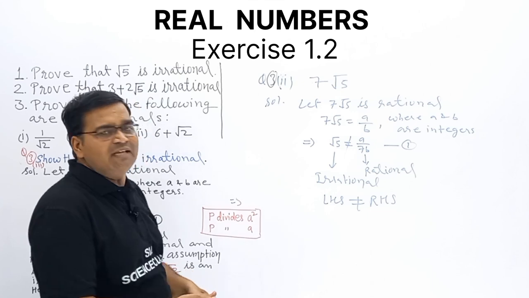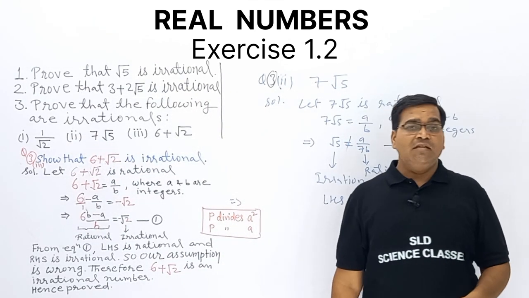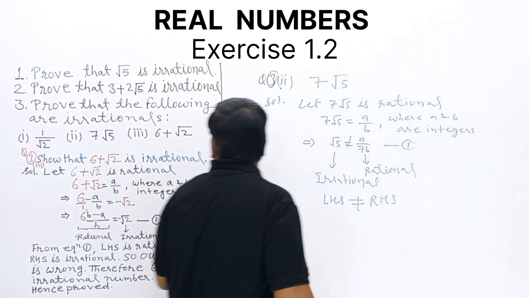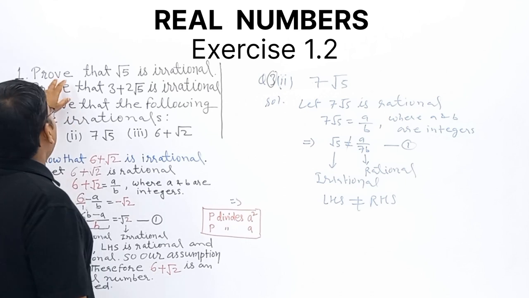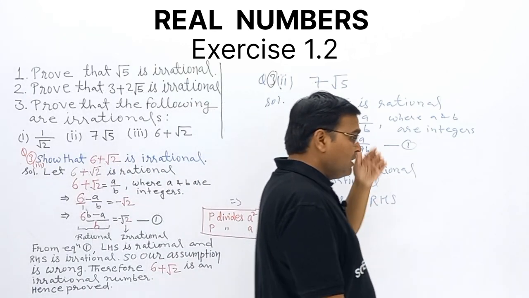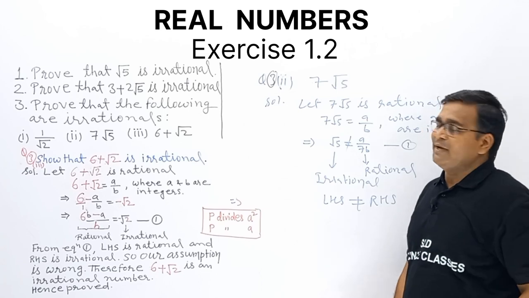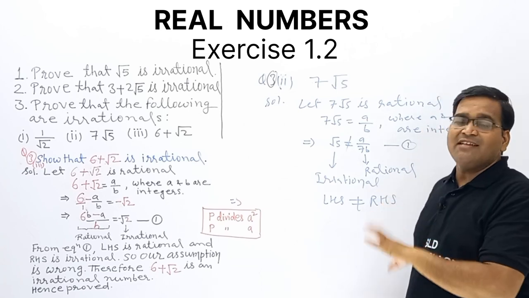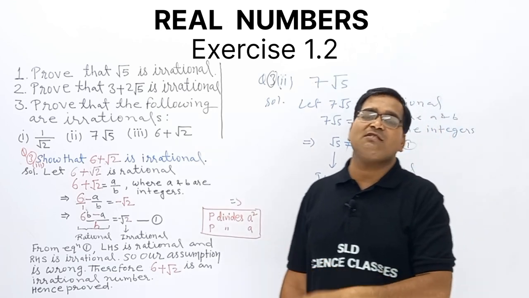So what we studied in this exercise, observe this one. In this exercise we are having three questions. In the first question we want to prove root 5 irrational. Like this question, if we want to prove, then we have the same process I gave in this class.